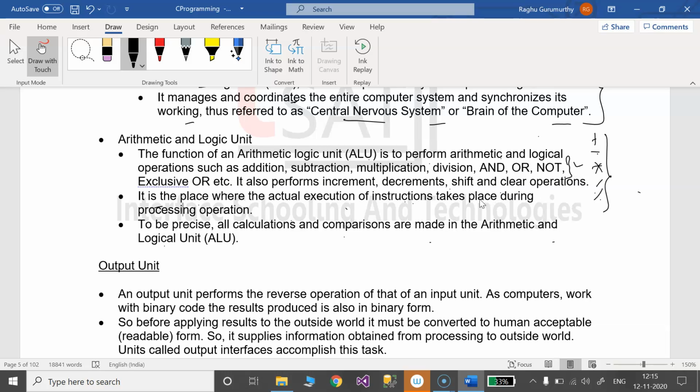These are also achieved through the arithmetic and logic unit. It is the place where actual execution of the instruction takes place during the processing operation. Later, to be precise, all calculations and comparisons are made in the arithmetic and logic unit. This is the conclusion regarding the arithmetic and logic unit.